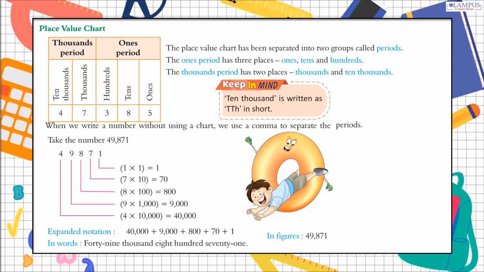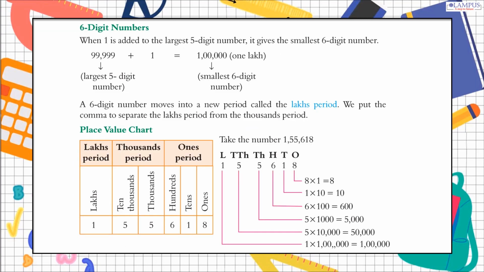Expanded notation. 40,000 plus 9,000 plus 800 plus 70 plus 1. In words, 49,871. In figures, 4, 9, period 8, 7, 1.